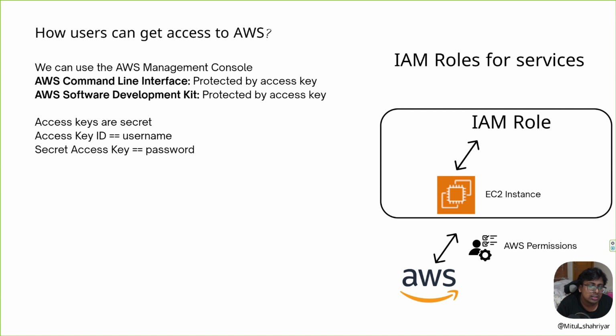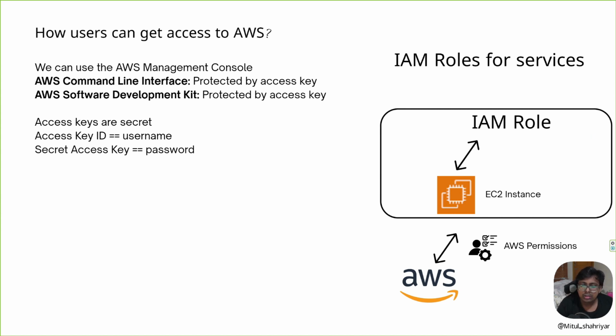This image shows the scenario where you have an EC2 instance that needs to work with a certain thing, and we just solve the problem using an IAM role. That's it.